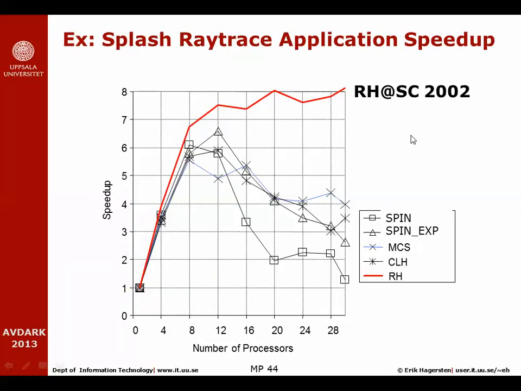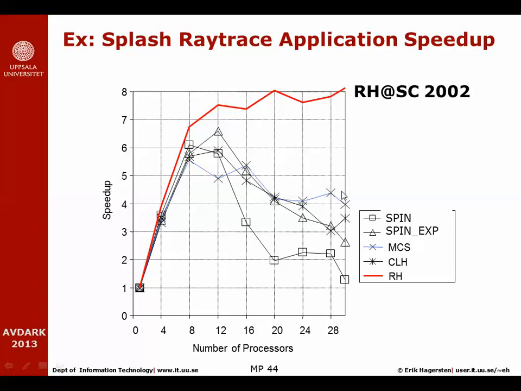Looking at real applications, this is one real-world application from a benchmark suite called Splash 2, and the application is called Ray Trace. If you compare all these locks, so we have the spin exponential, MCS, which is Q-based, CLH, which is also Q-based, the one we looked at, once you get beyond 8 or 12 processors, they all see performance degradation due to lock contention.